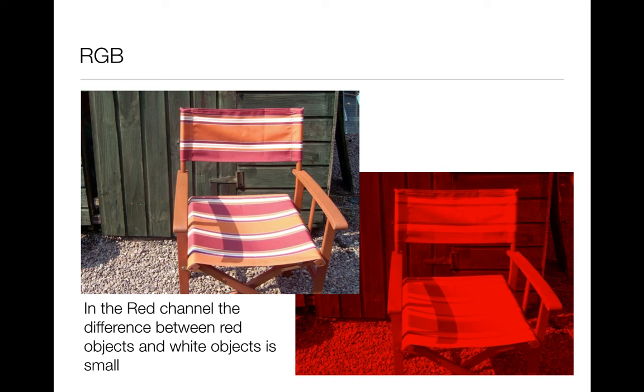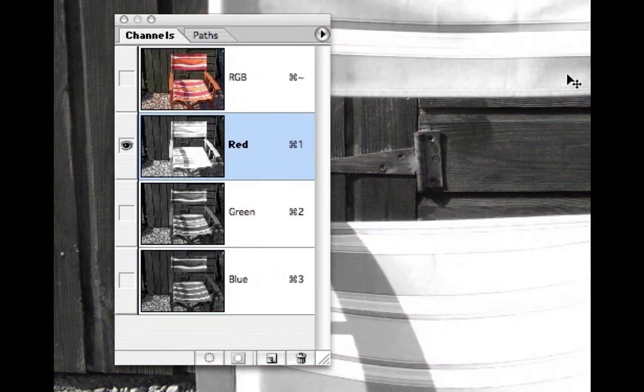And the red value of white pixels is also high. So in the red channel, it can be quite hard to distinguish between white pixels and red pixels. And we see that here, that it's hard to make out the difference between the red ones and the white ones. So here in the red channel, this time they're visualized as grayscale images, one for red, one for green, one for blue. And in Photoshop, you can edit just the blue part or just the green part if you want.